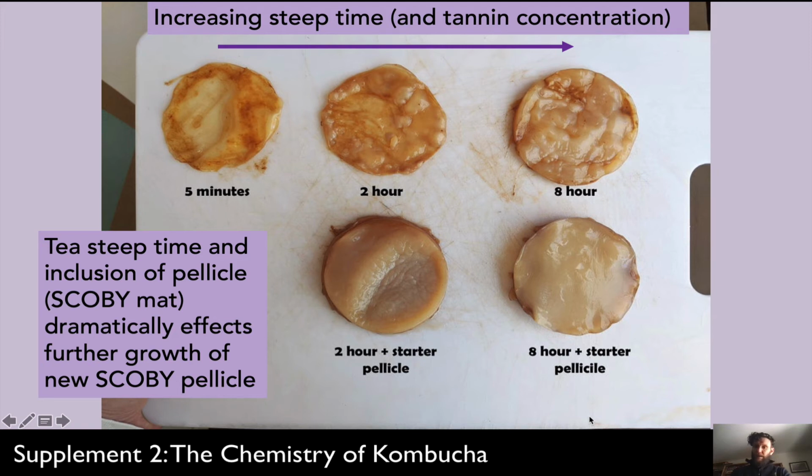And clearly the tannins are super important for the SCOBY, because the longer the steep time, the greater the pellicle formation. That is the cellulosic mat that forms on the top of the kombucha, the SCOBY mat, so to speak. So that steep time dramatically affects the further growth of the SCOBY pellicle.